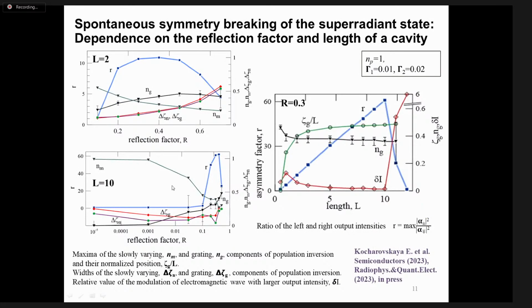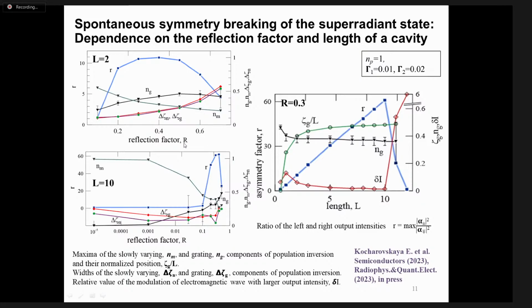Also, we analyzed the dependence of this phenomenon of spontaneous symmetry breaking and the resultant super-radiant state on the reflection factor and the length of the cavity. You see that for a wide range of reflection factors, we have more or less similar asymmetric lasing.